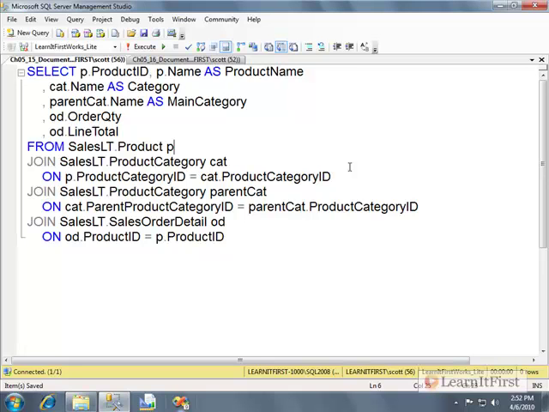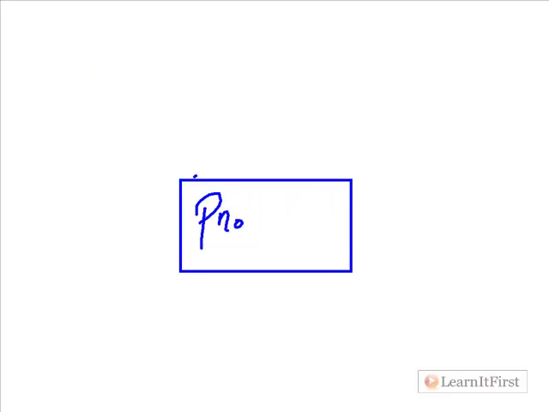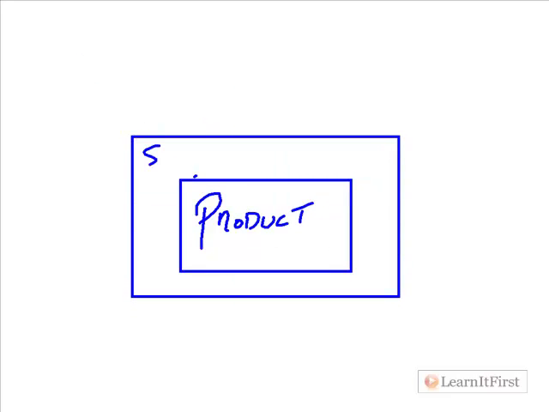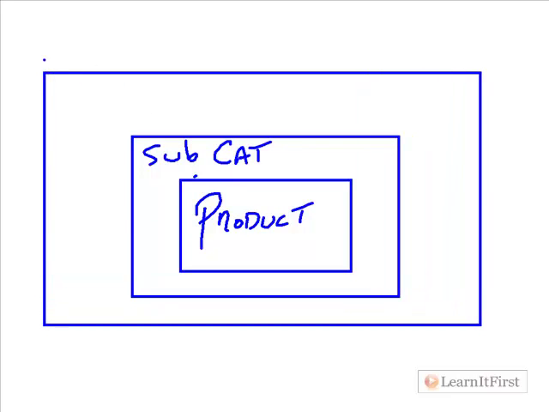So you could think of this like a hierarchy in here. You could think that a product kind of fits in this little box here, and a product is contained within a subcategory, and then a subcategory is further contained within a category.